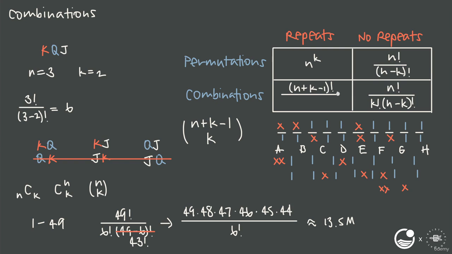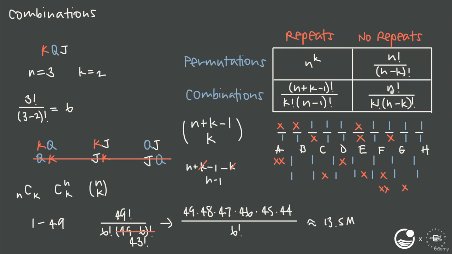In the denominator, we still have k factorial, but we replace n with n plus k minus 1, so instead of n minus k we get n plus k minus 1 minus k. The positive and negative k cancel, leaving just n minus 1, which means we get n minus 1 factorial in the denominator. So this formula is exactly the same as the earlier one.